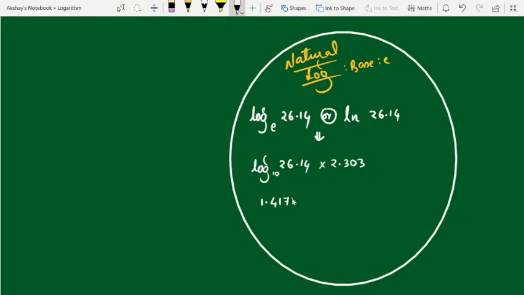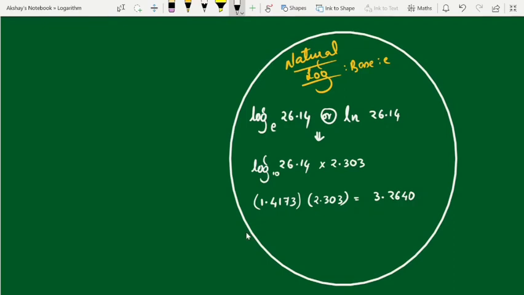Multiply this by 2.303. So finally we get 1.4173 into 2.303, which is nothing but 3.2640. In this manner we will be seeing the natural logarithms.